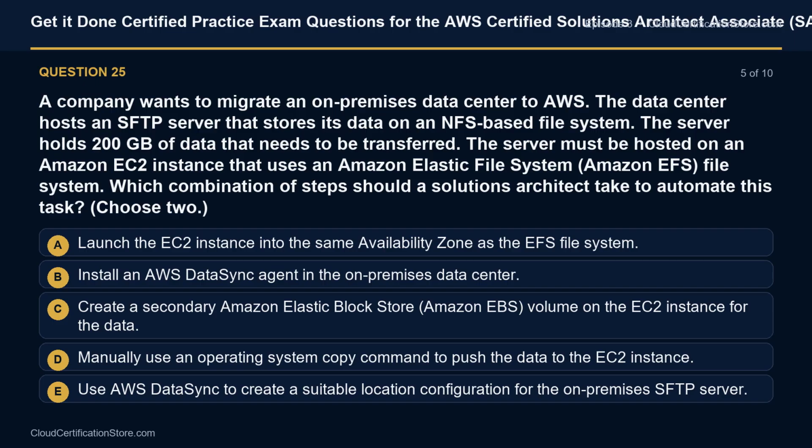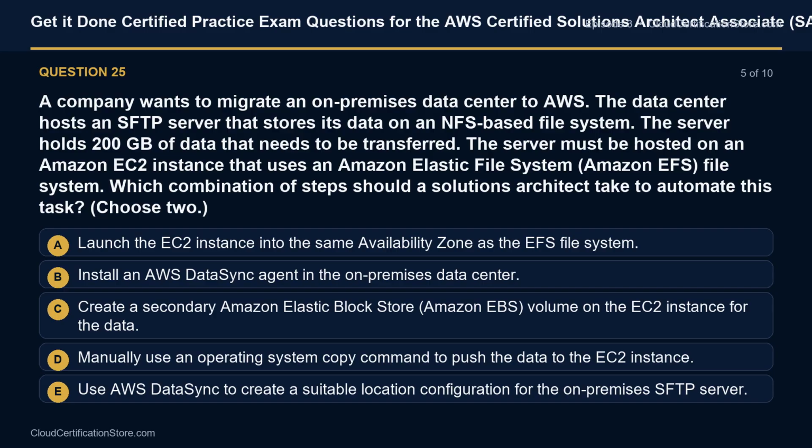Choose 2. Option A. Launch the EC2 instance into the same Availability Zone as the EFS file system. Option B. Install an AWS DataSync agent in the on-premises data center. Option C. Create a secondary Amazon Elastic Block Store, Amazon EBS, volume on the EC2 instance for the data.